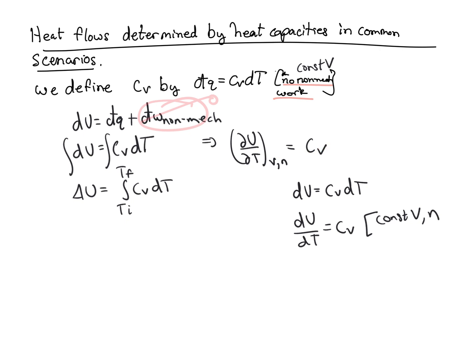We're just verifying that this other definition works as well. Delta U is always this integral, and Q is equal to this when we're at constant volume, and again, the star, no non-mechanical work.